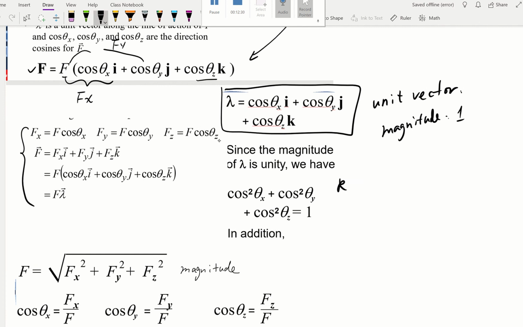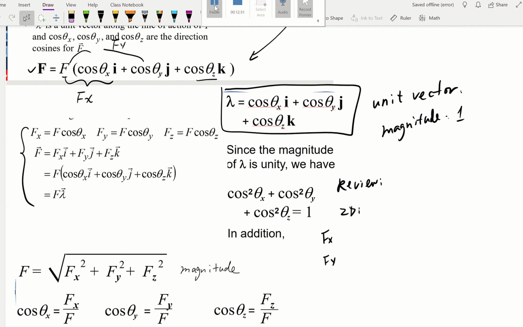Let's do a quick review. In 2D, if you find Fx, which we did one time, and we also find Fy, if you know those two, how do you find the magnitude of the force?